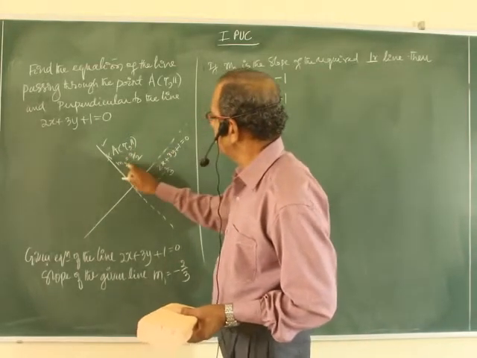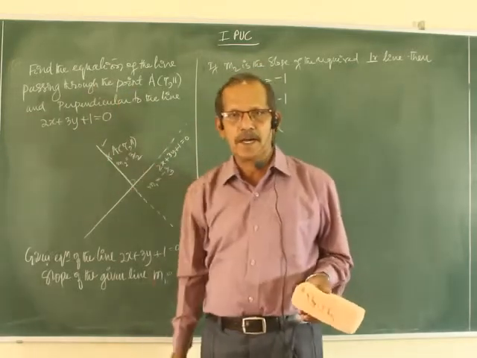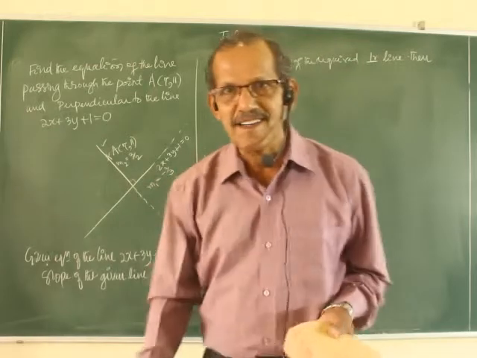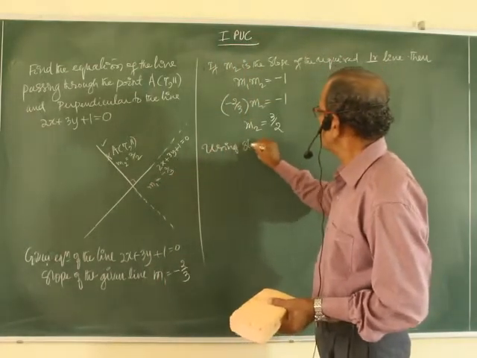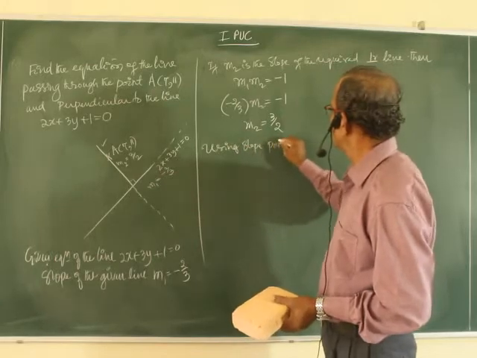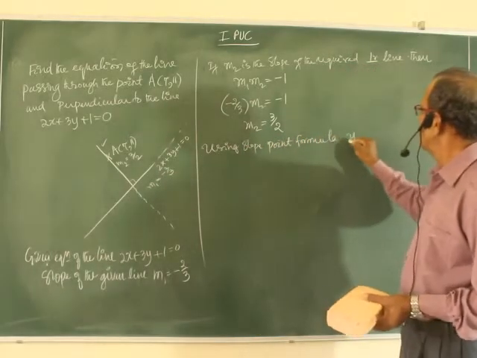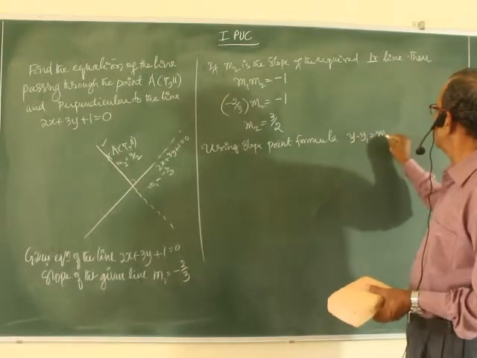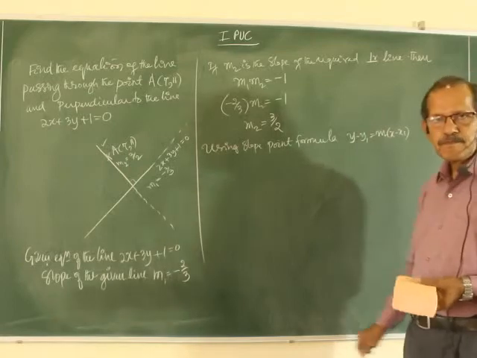Finish. Slope is known, and a point on the line is given. Why can't you use the formula? Using the slope point formula: y minus y1 equal to m into x minus x1.